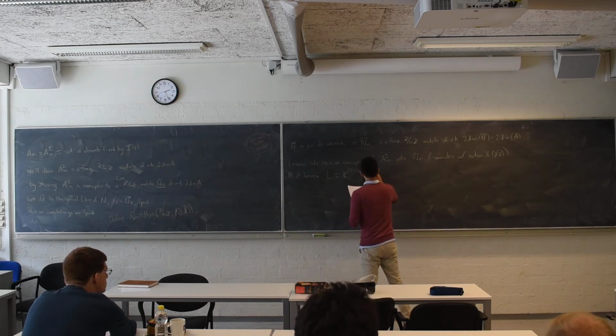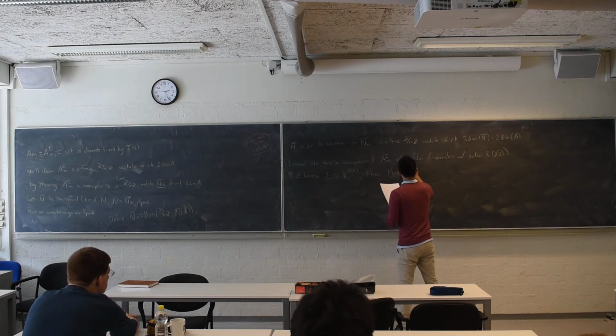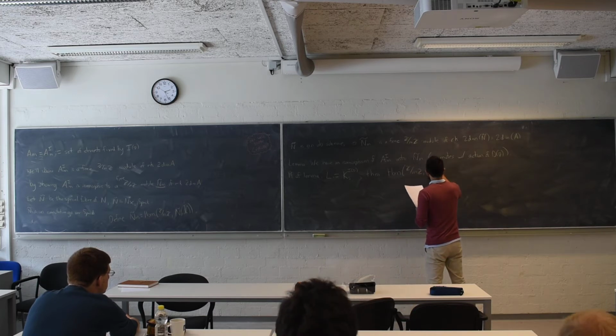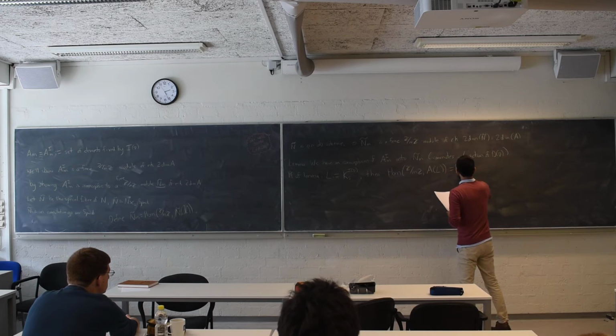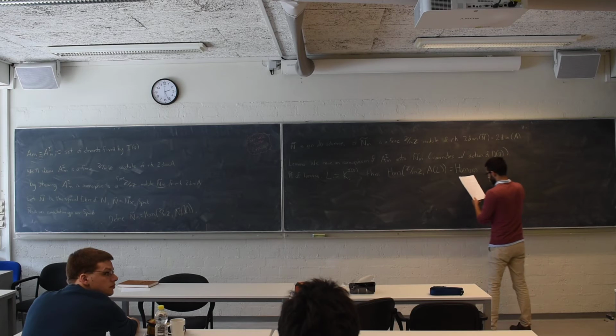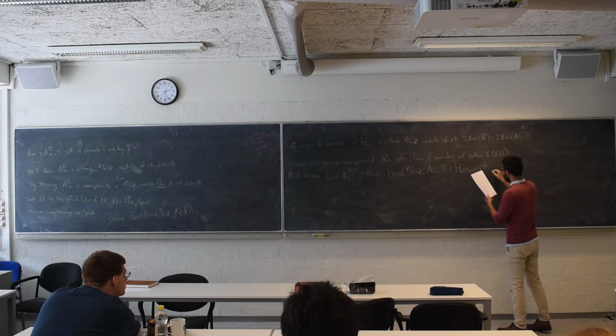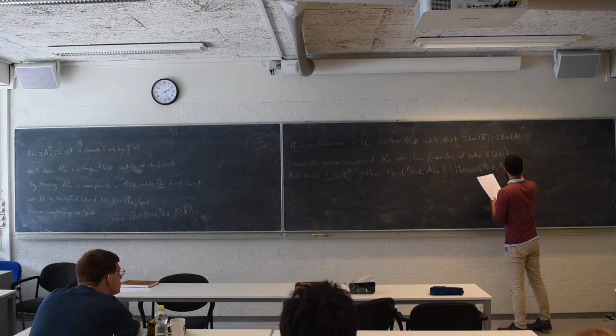Then what we have is the set of group homomorphisms from Z modulo MZ to AL. Well, this is equal to the set of I-V homomorphisms from Z mod MZ to the separable closure.